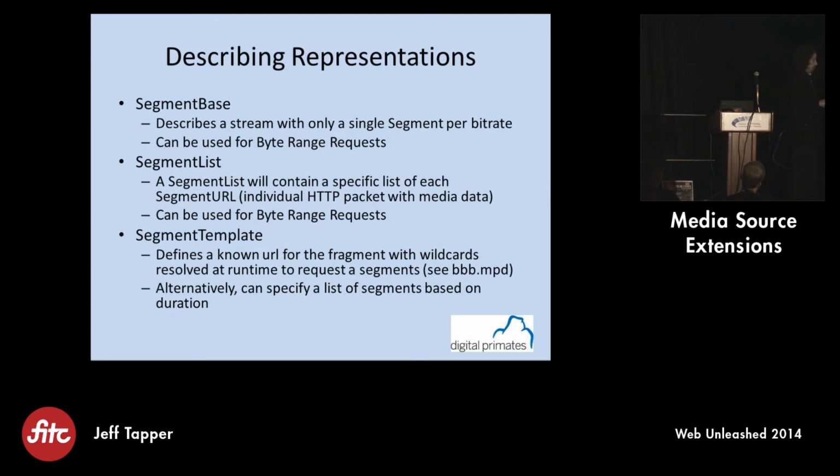The segment list, which is simply a listing, here's all the segments, and so you can use that to figure out which ones you need, or the segment template, which is by far the most popular and the easiest to use. It's wildcards. So basically you're just going to replace the segment number, or you're going to replace a time. And we'll take a look at each of these.